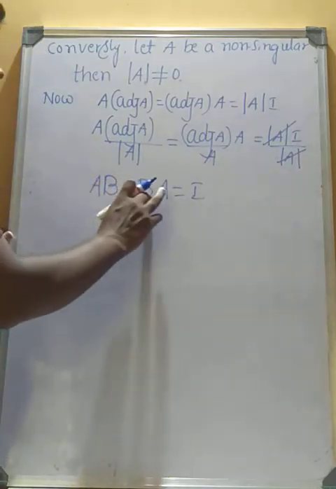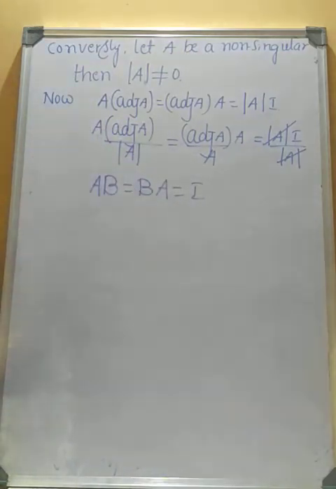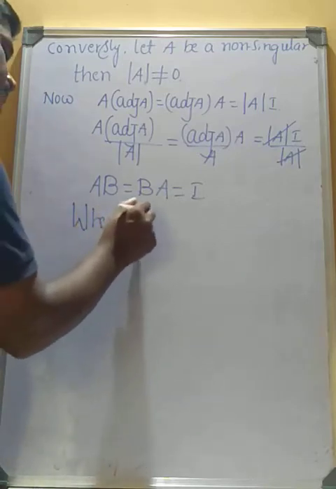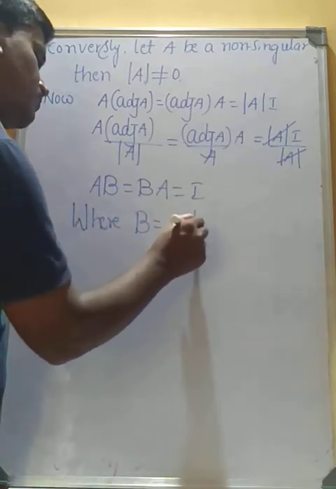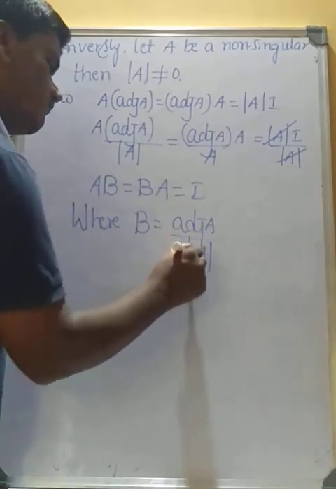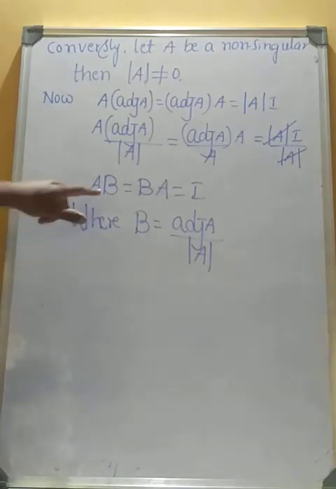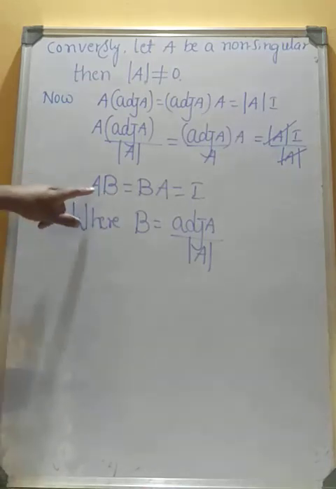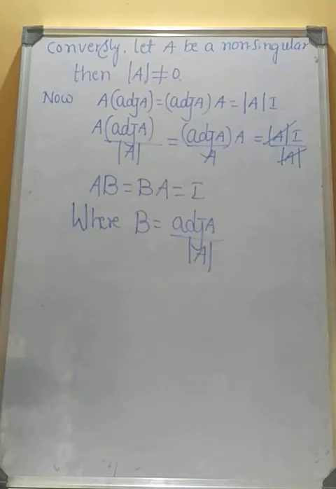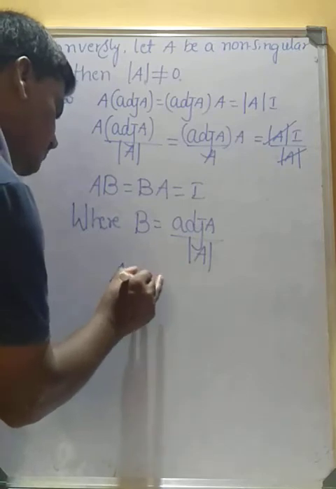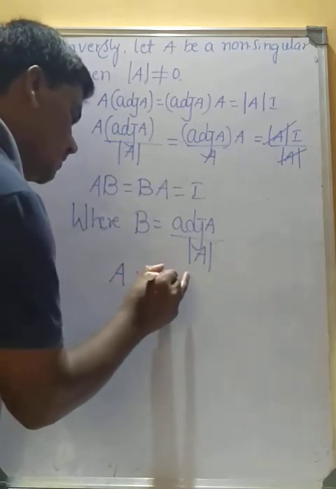That is, AB equal to BA equal to I, where B equals adjoint A divided by determinant of A. The matrix B will be the inverse of matrix A. So therefore, A is invertible.